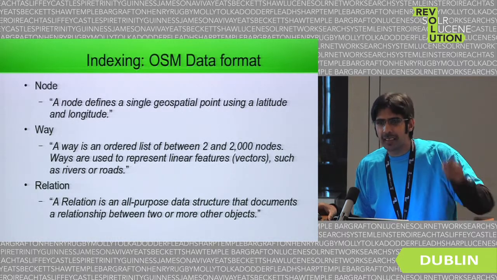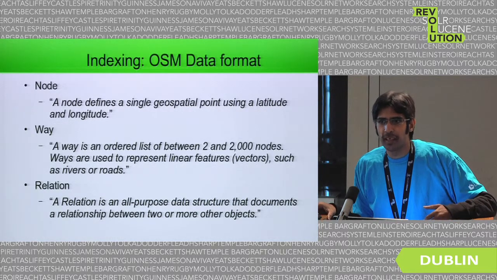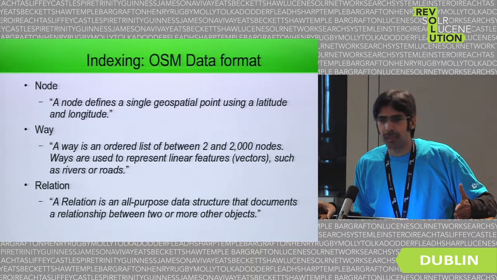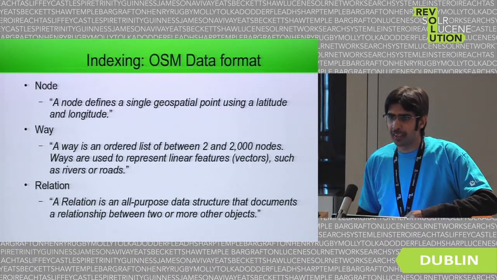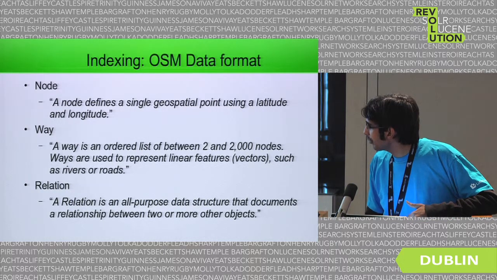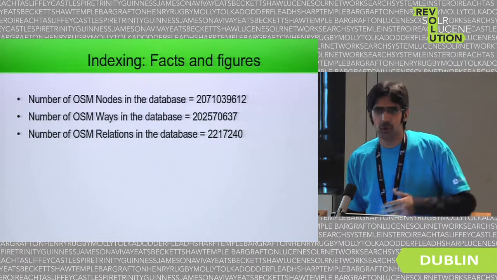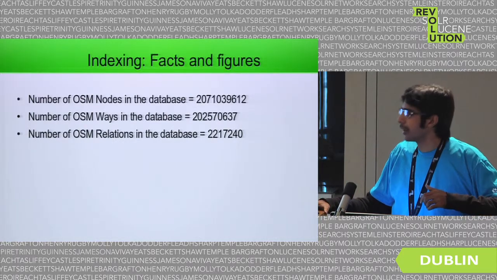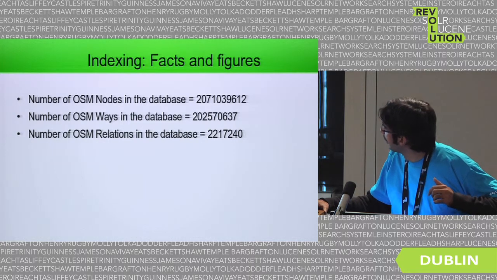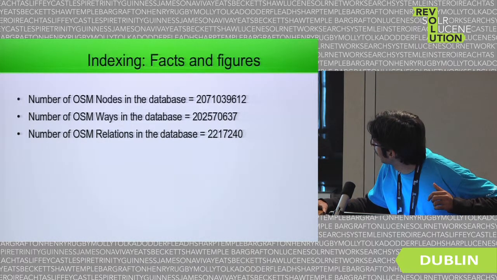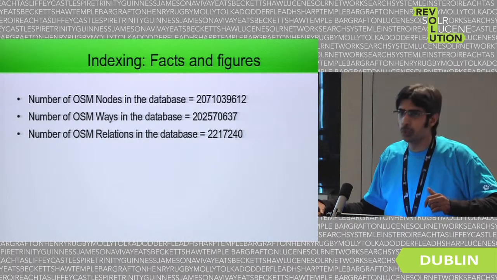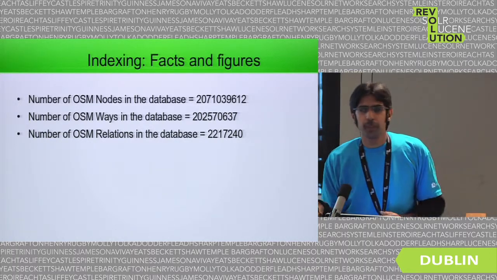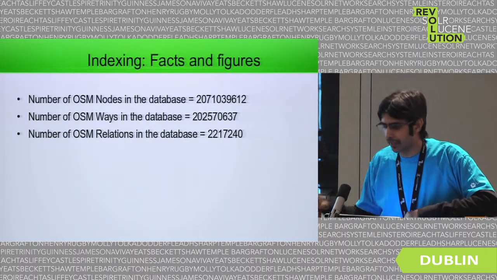It is possible to break some nodes in between and break the polygon, and there are validation methods, but sometimes they don't work, and hence it might be difficult to index such data. So some input validation will be required for this. Just to give you a brief idea of the scale of the data we are talking about, the entire OpenStreetMap across the world has around, well, how many? 2 billion nodes probably. 2 billion nodes, 202 million ways. So pretty big data if we talk about indexing it.